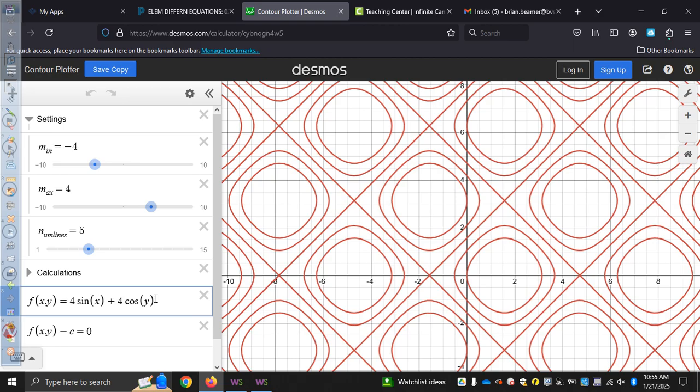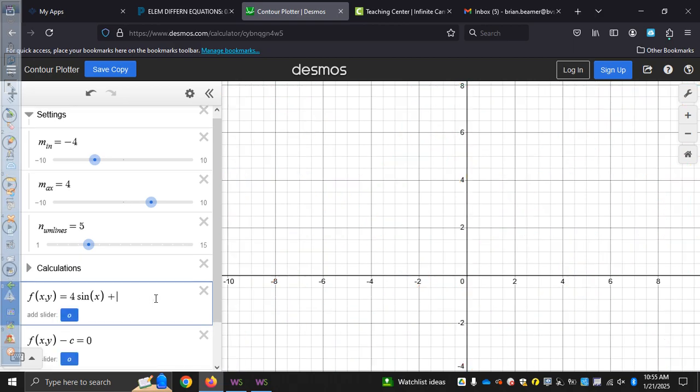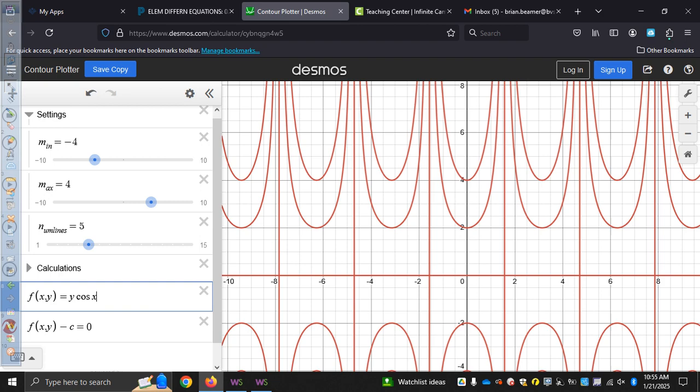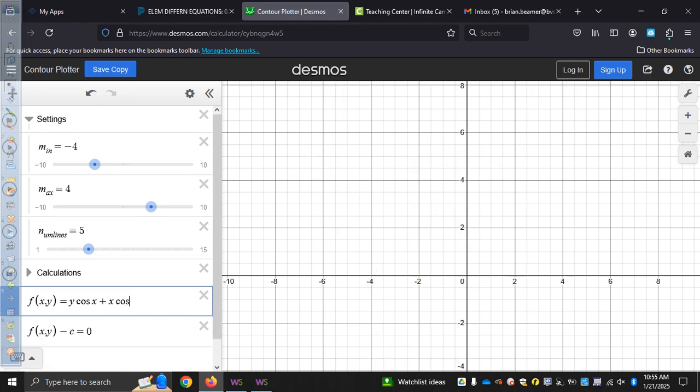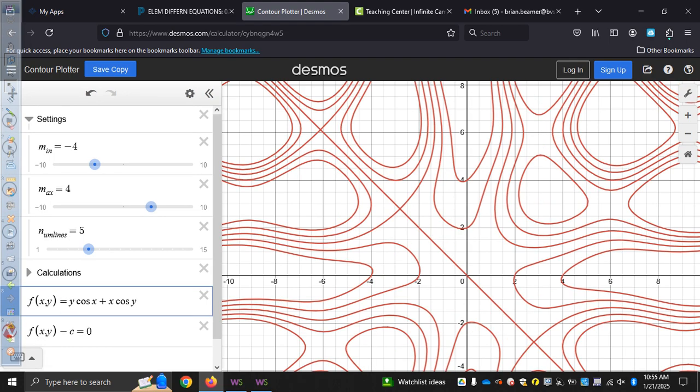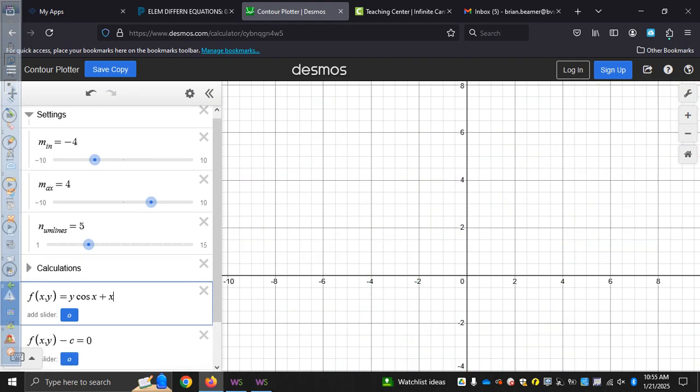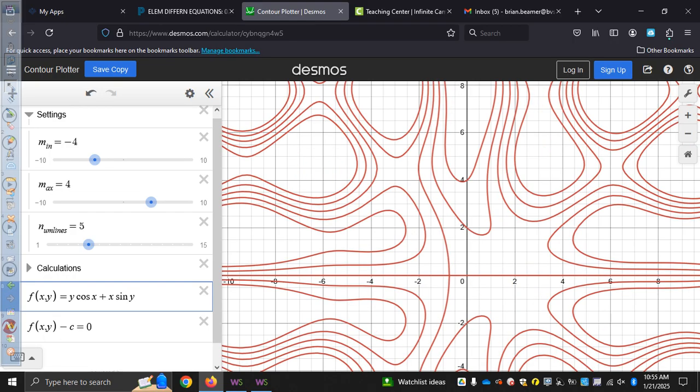All right, here's our function. y cosine x plus x sine y minus y squared over 2.